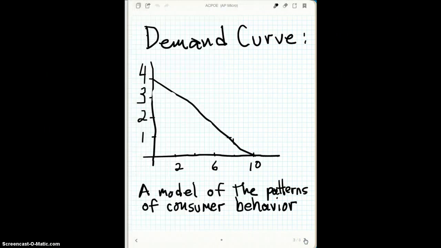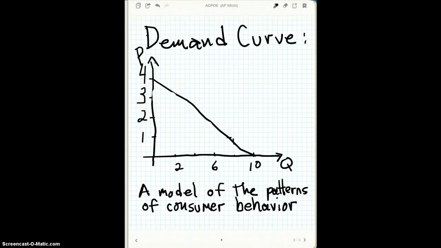The visual depiction of a demand schedule is called a demand curve. It's reflecting that inverse relationship that we just talked about. And it's downward sloping, and we also, by convention, put the price of the product on the vertical axis and the quantity demanded on the horizontal axis.